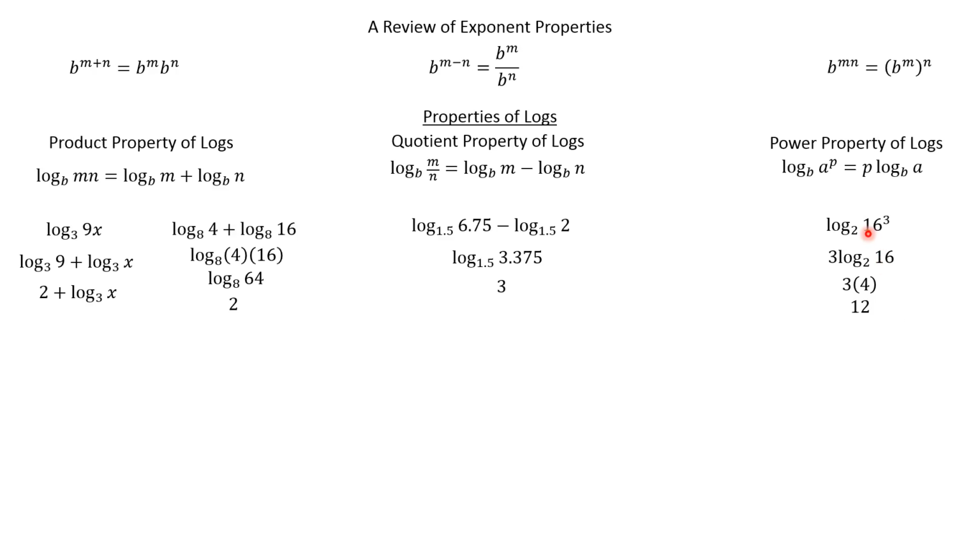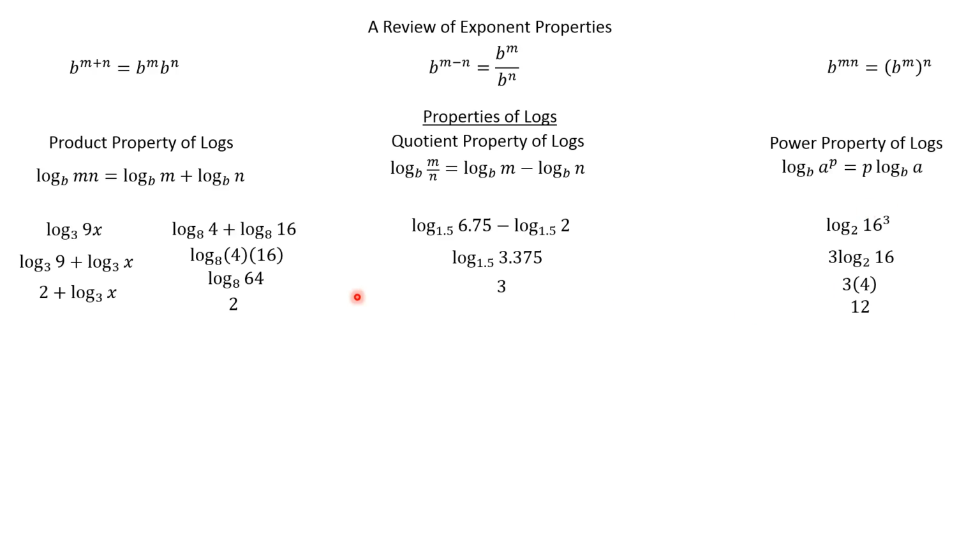Way easier than thinking of, well, let's see, 16 cubed is going to be 2 to the 12th, which is going to be a huge number. So much, much easier. And again, notice it really did not need a calculator to do that problem. And so this is how that one will be used.